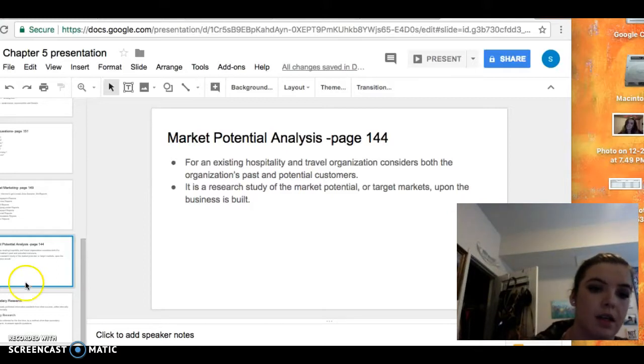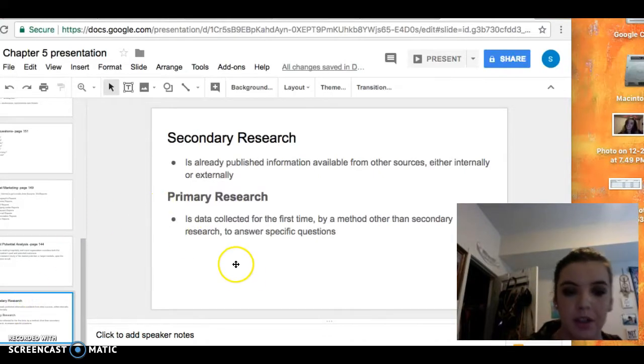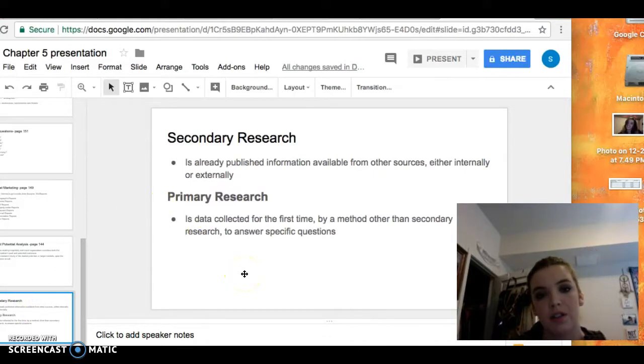And then secondary research is research that's already basically information already published, available from other sources, either internally or externally. And then primary research, data collected for the very first time, a method other than secondary research to answer specific questions.